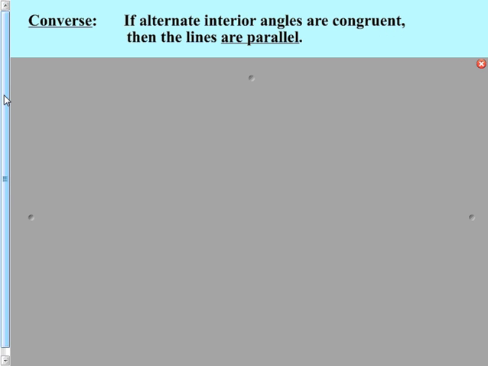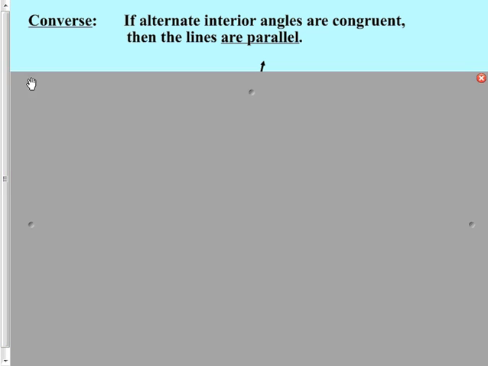Okay, very similarly, and it'll take a little less time to explain, the converse of the alternate interior angles theorem. The alternate interior angles theorem said if you start off with parallel lines, then your alternate interior angles will be congruent. So the converse says if you have alternate interior angles that are congruent, then your lines are parallel.